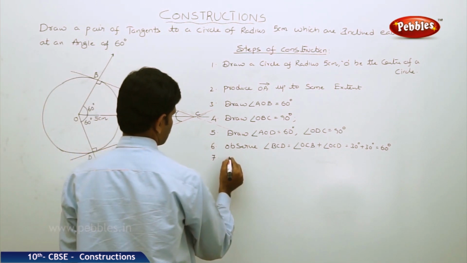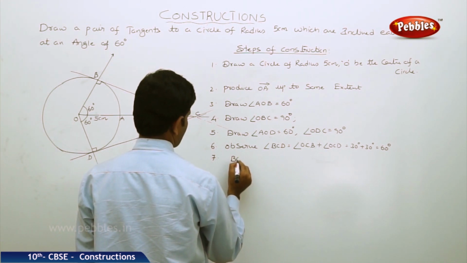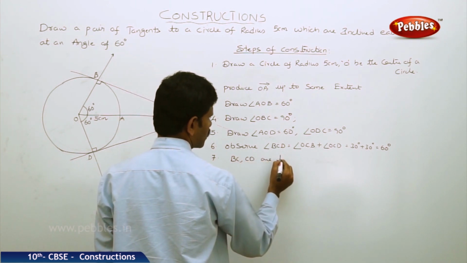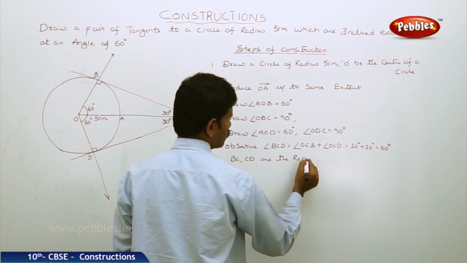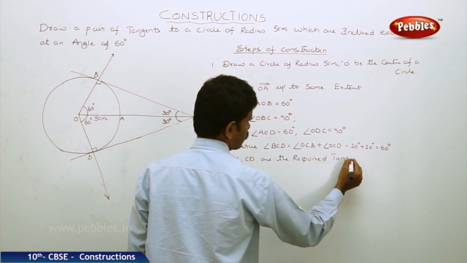Seventh, BC, CD are the required tangents.